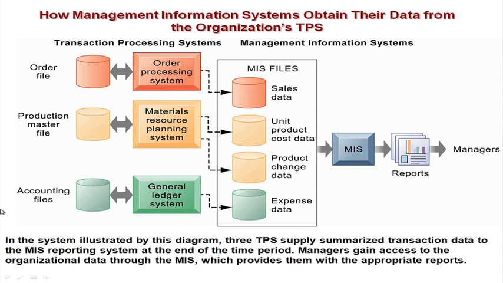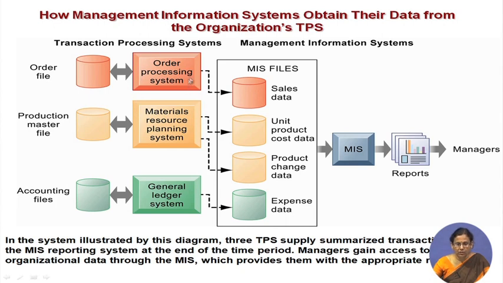Now, this is one example of how the management information system captures data from the transaction processing system. Look at this. This is about preparing a report about the sales performance of the company. It gets data from various transaction processing systems.